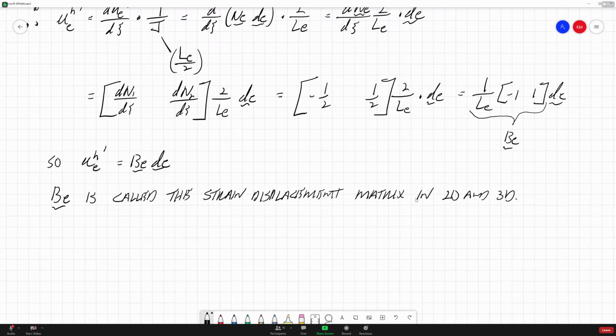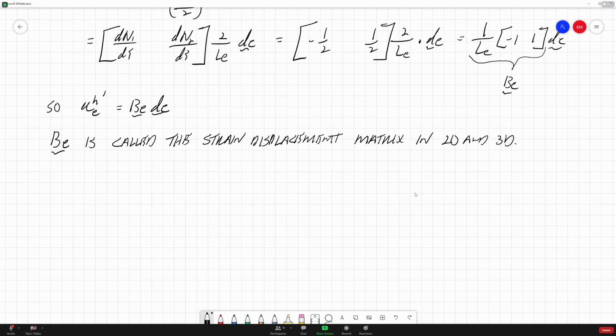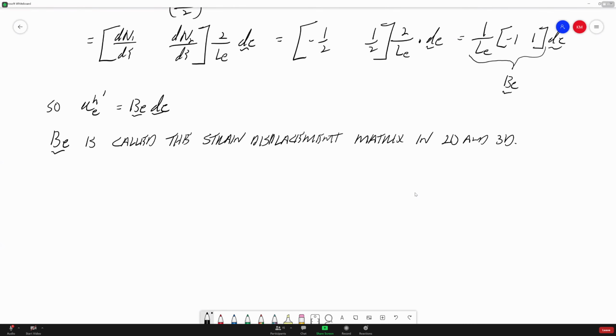Okay. So now what we're setting up is this discrete weak form.